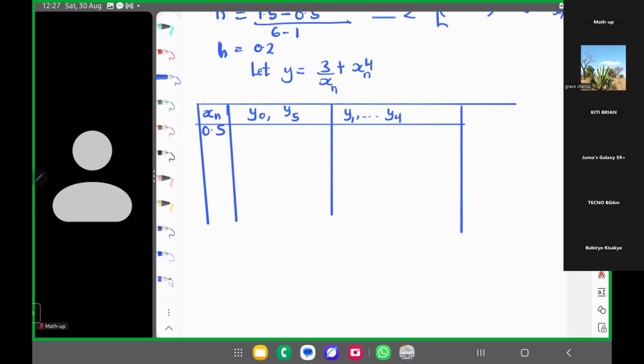Our first x value is 0.5. So we shall keep on adding the value of h until we reach the upper limit.